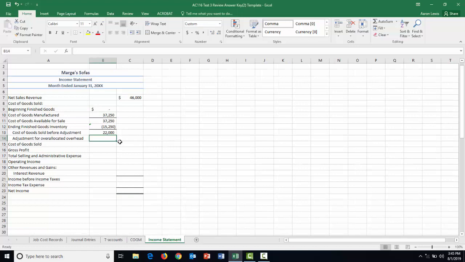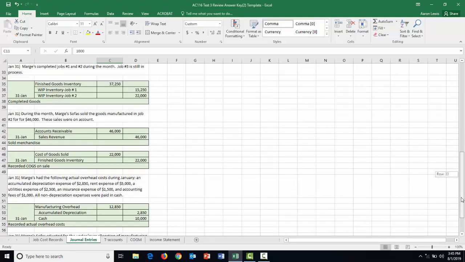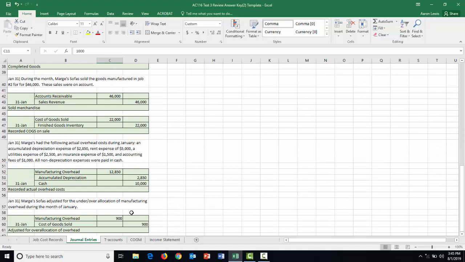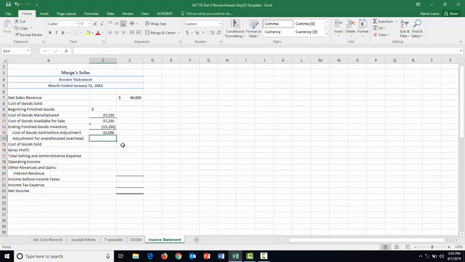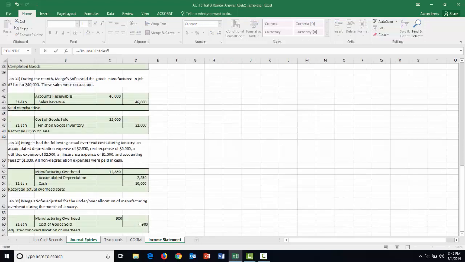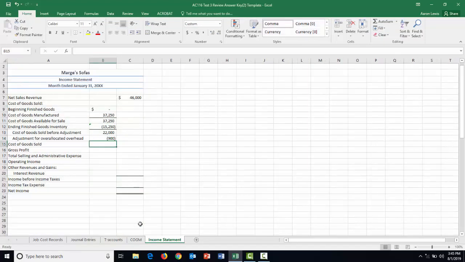But we have an adjustment, and our adjustment back on our journal entries at the bottom was for that $900. We reduced our cost of goods sold by $900. So on our income statement, let's do exactly that. We'll have it be equal to the amount that we adjusted cost of goods sold for, and it means that our total cost of goods sold is now equal to whatever it was before the adjustment plus the amount of the adjustment.